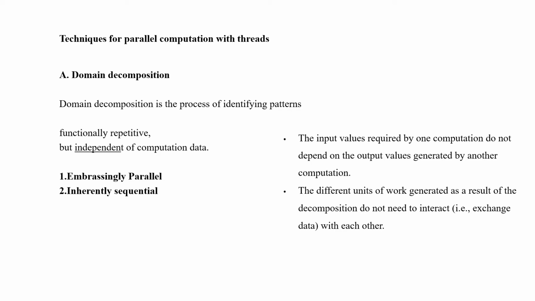As a result of the execution of the master thread, slave threads are created which execute the repetitive computations. And the collection of the results from each created thread and composition of the final results are performed by the master thread.